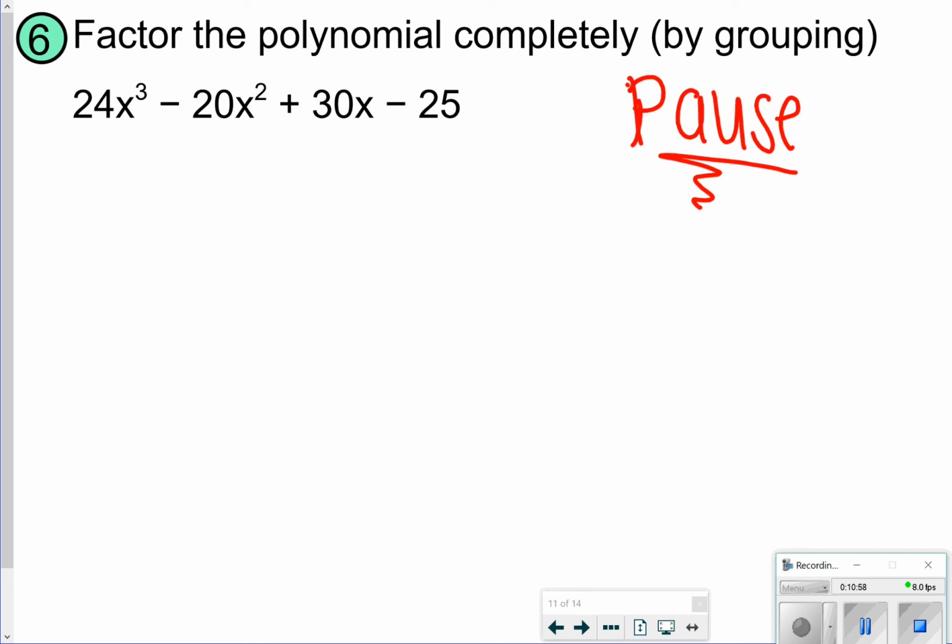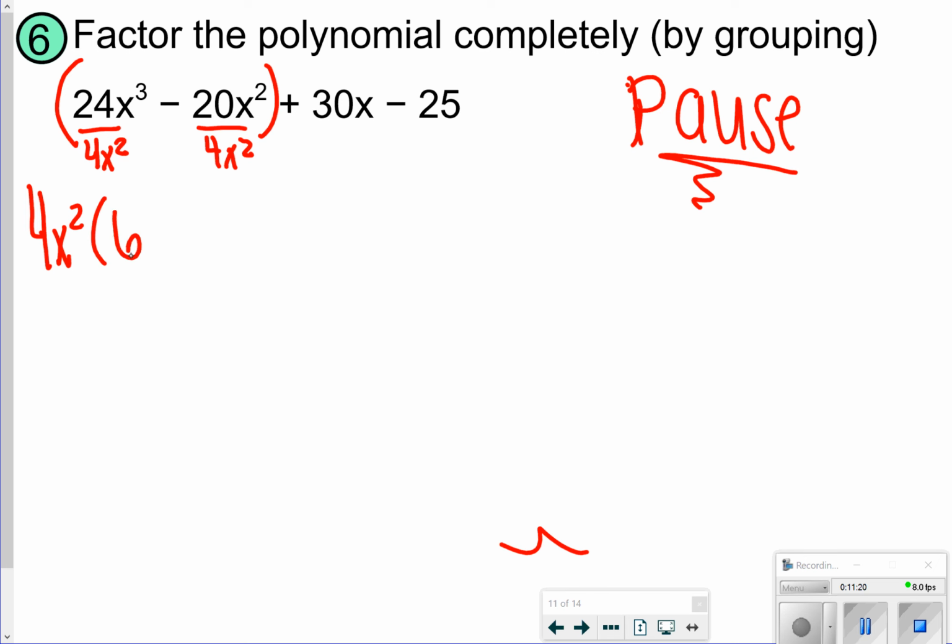Okay, so the first one, I saw that I had a 24x cubed and a 20x squared. Those do have something in common. They have a 4x squared in common. So I'm going to divide both of these by 4x squared. 24x cubed divided by 4x squared. 24 divided by 4 is 6, and x cubed divided by x squared is x.